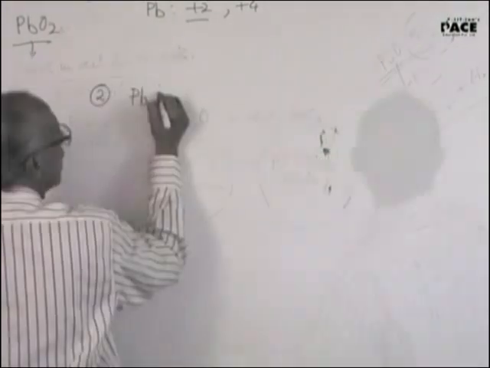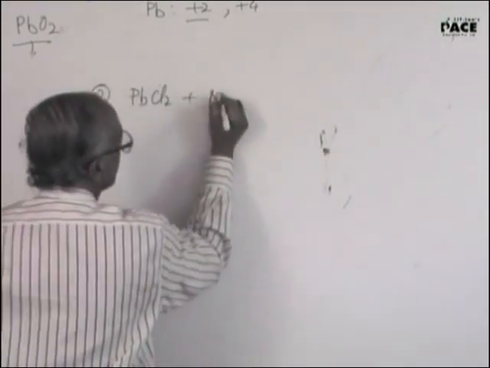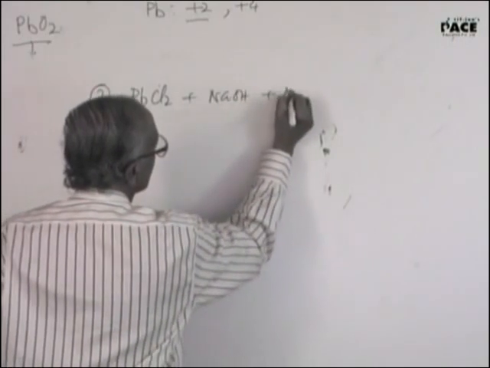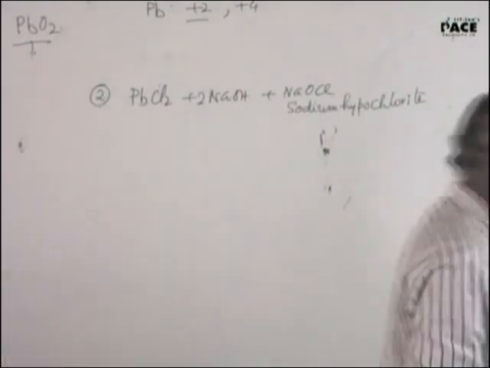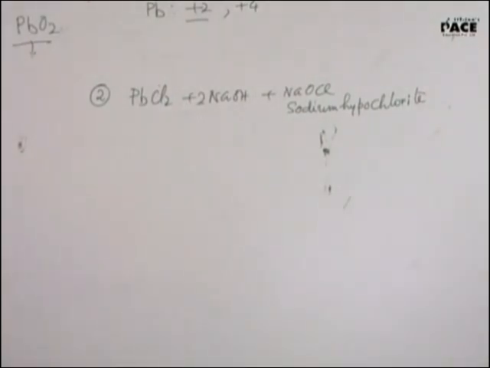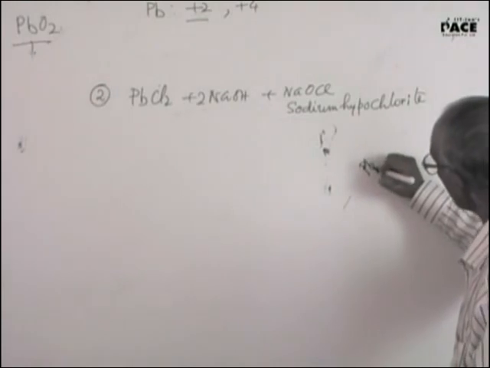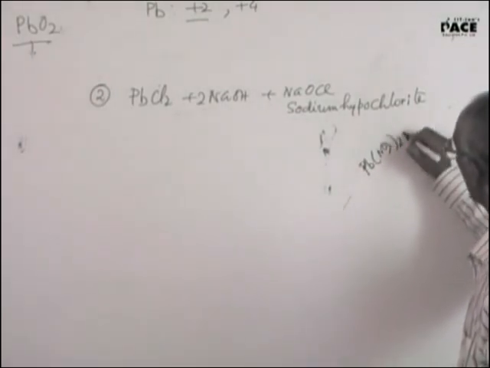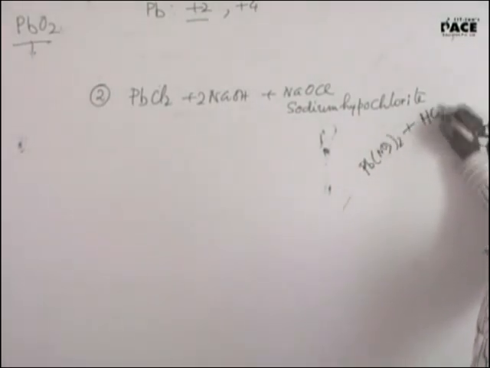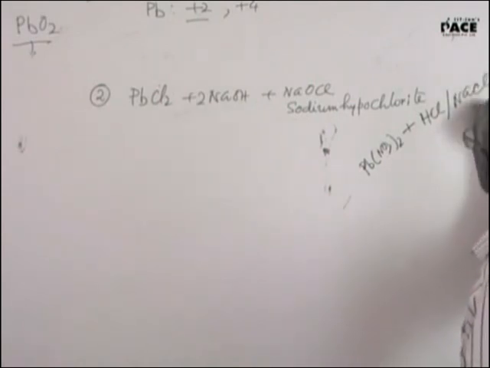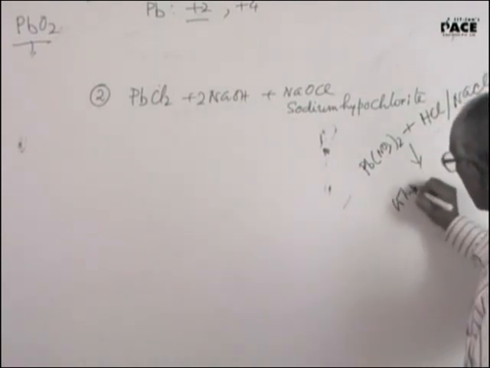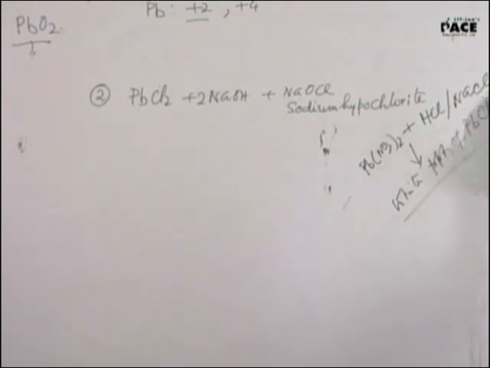Second method, if I take lead monoxide and react with HCl, I get lead chloride. Or if I take lead nitrate and add HCl or sodium chloride, I get a white precipitate of lead chloride. Lead chloride is soluble in hot water.